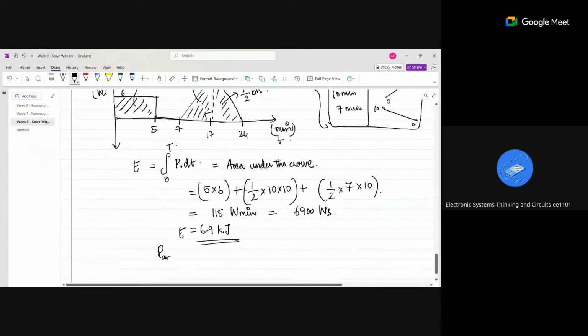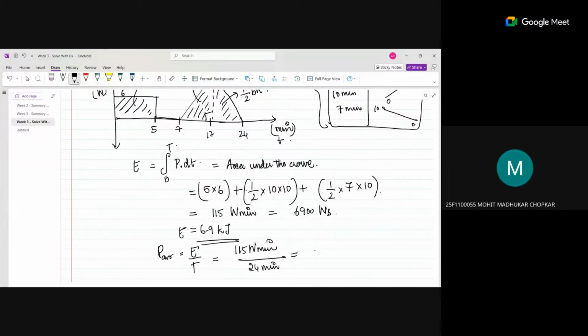And the average power will be E by T. Instead of using 6.9 kilojoules, I will use 115 watt minutes divided by 24 minutes. 115 divided by 24 is equal to 4.79 watts.